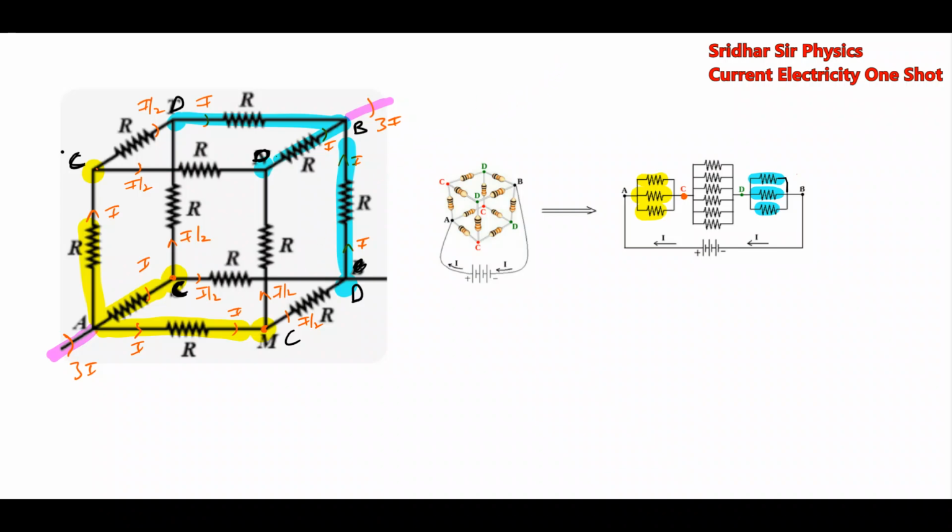Between C and D, we are connecting 6 resistors. Then this circuit will be R by 3, R by 6, R by 3. We'll calculate, so we'll get the effective resistance.